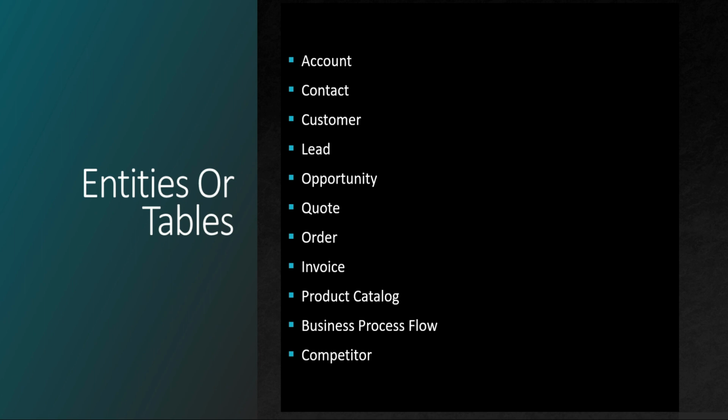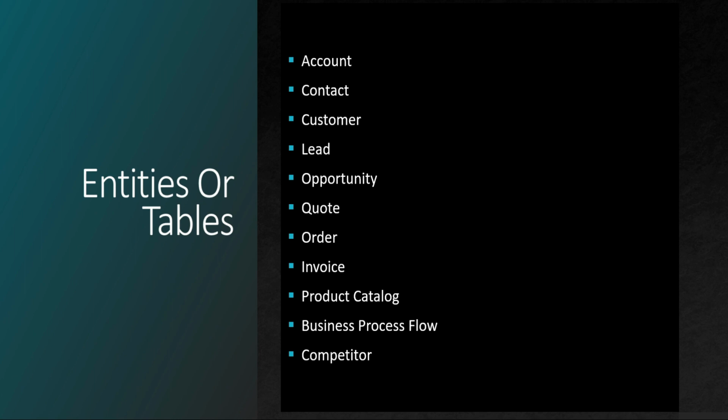Suppose our customer is a company, but for that company there are 3 people. One is the branch manager, the other is the sales head, the third is the CEO, and we want to record the information of our customer's contacts in CRM. So what we do is create an account, say XYZ company, and then create 3 contacts: the CEO, the sales head, and the branch manager.